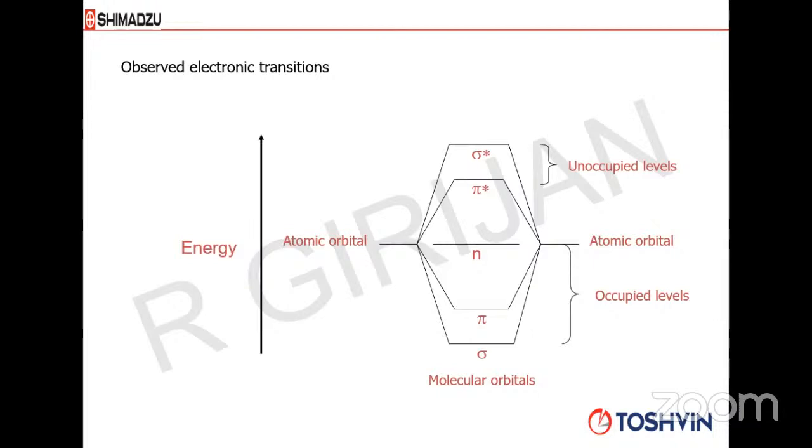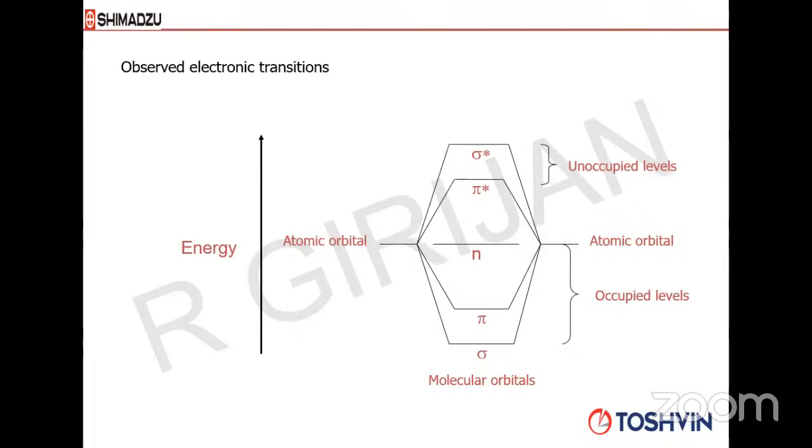Now, when you look at the atomic structure, the energy levels are what we have studied in quantum mechanics. The electronic transitions can take place across different energy levels. And what are the molecular orbitals? We have sigma orbital, pi orbital, n orbital, and then pi star and sigma star orbitals.